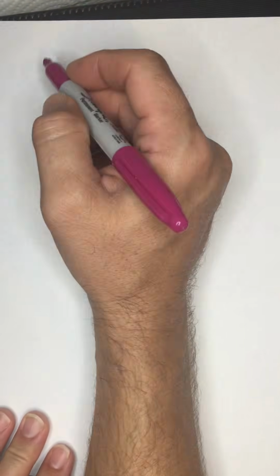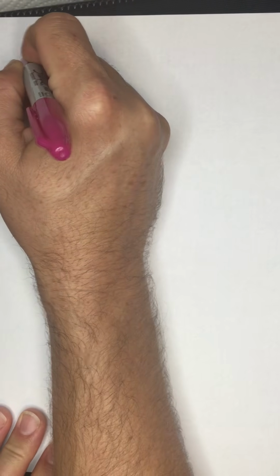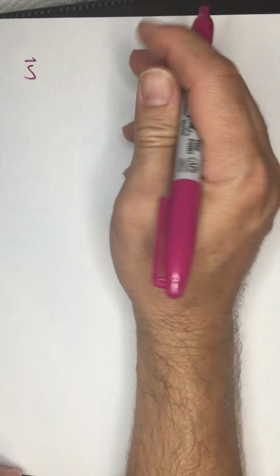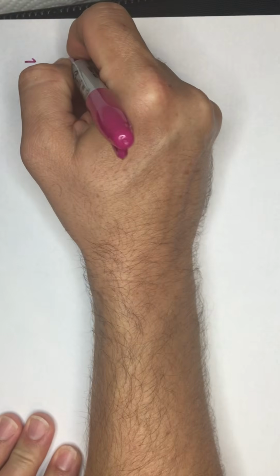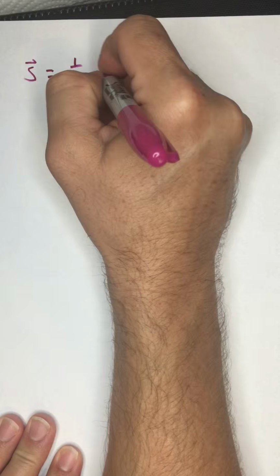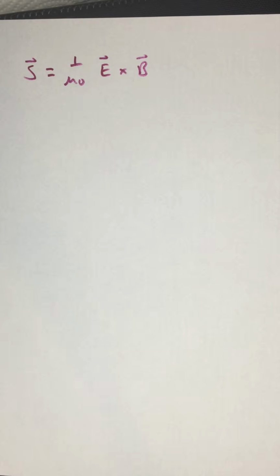So, let me introduce you to what's called the Poynting vector, after I believe his name was John Poynting, which is defined such that it is equal to 1 over mu naught E cross B. So the Poynting vector is valuable for us.